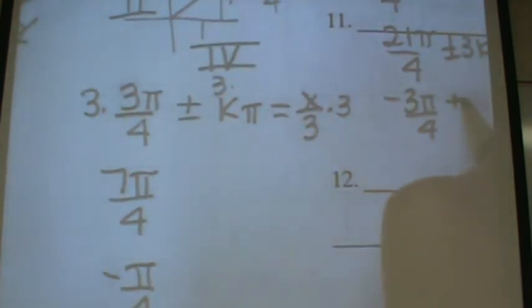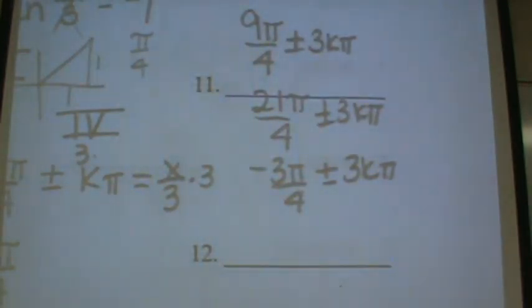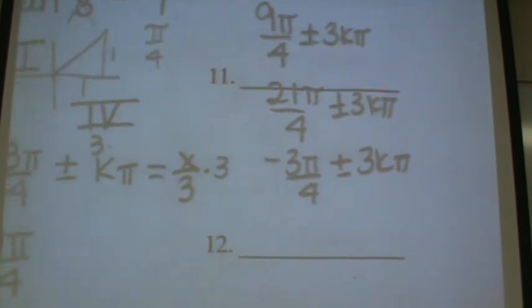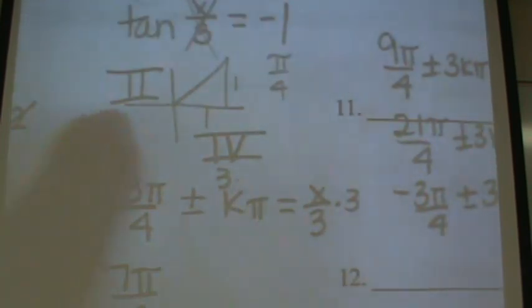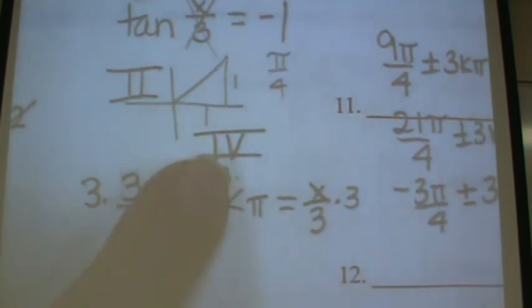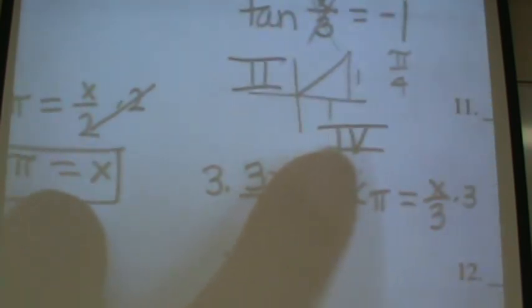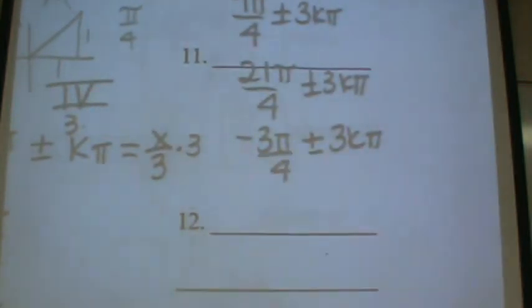Those are all good answers. I accepted any of them. So you don't have to have all those answers? No, just one. Which one's the easiest one? Probably the last one, going backwards. And you can do that if it says find all the answers.